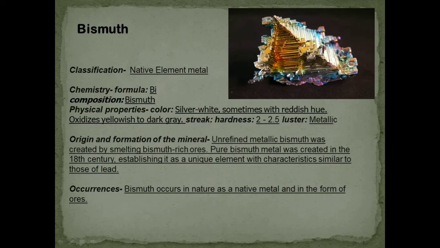Pure bismuth metal was created in the 19th century, establishing it as a unique element with characteristics similar to those of lead. Bismuth occurs in nature as a native metal and in the form of ores. Bismuth's crystal symmetry is hexagonal, usually flat hexagonal occurring in parallel groupings.